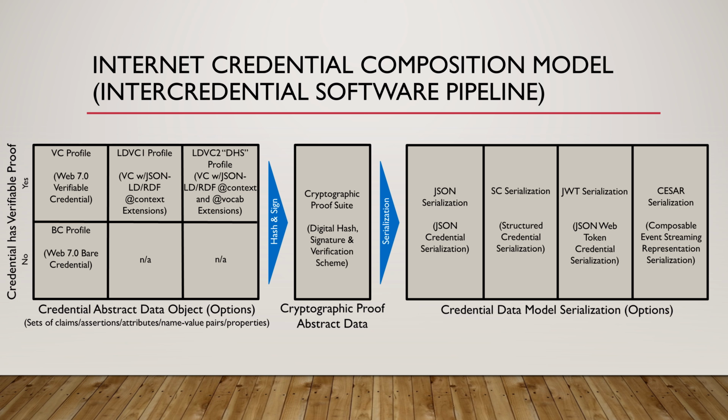And to that bag of properties, we want to use the properties first to create a hash and a signature, and we're going to put those in the bag. And then the second blue triangle, serialization, is where we take the data that's in the bag, the different attributes and properties, as well as the cryptographic abstract data, and we serialize it. We use one of the four or probably more serialization options that are available: plain old JSON, structured credentials, JWTs, or CESR.